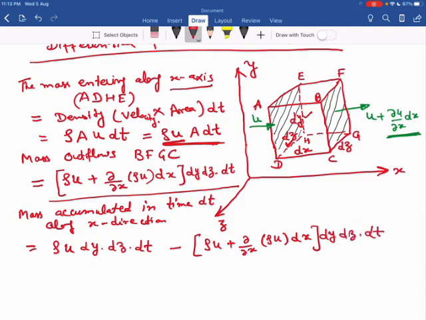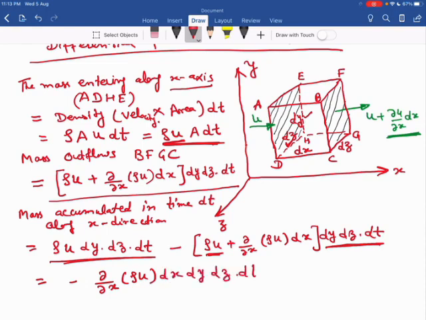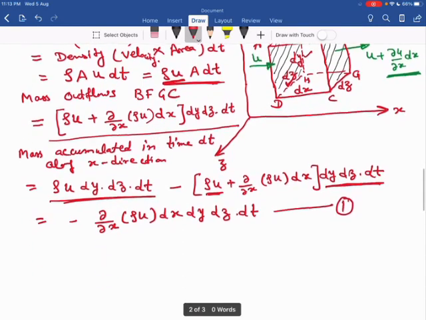So rho u dy dz dt cancels with this term, and we are left with minus curly by curly x of rho u into dx dy dz into dt. So this is equation number 1, our mass accumulated along x direction.